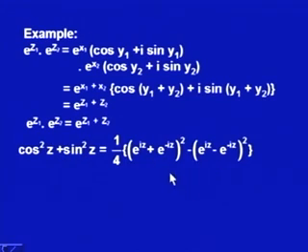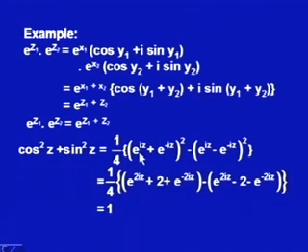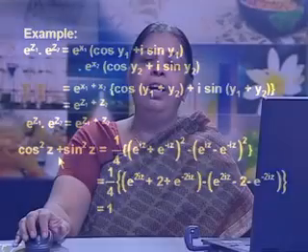We can expand these two and it comes out to be e^(2iz) + 2 + e^(-2iz), and from the other one e^(2iz) - 2 + e^(-2iz), and we can see that these terms will get cancelled and we will have 2 + 2, that is 4, and this 4 and 4 will get cancelled and we will have 1. So, similarly we can develop all those trigonometric formulas which we have studied for real variables. They can be proved for complex variables.